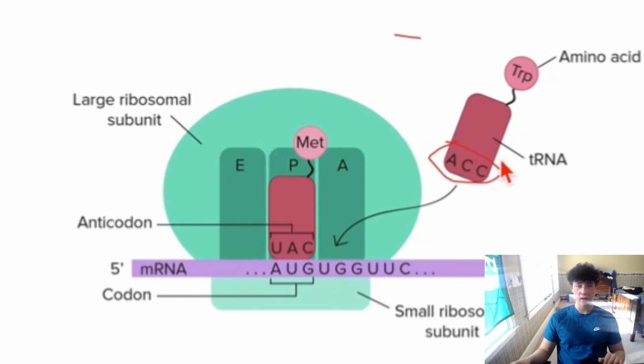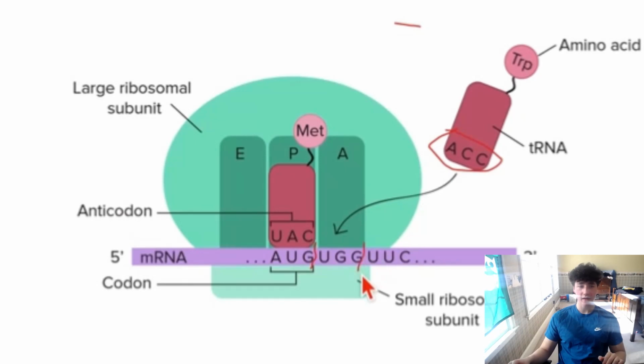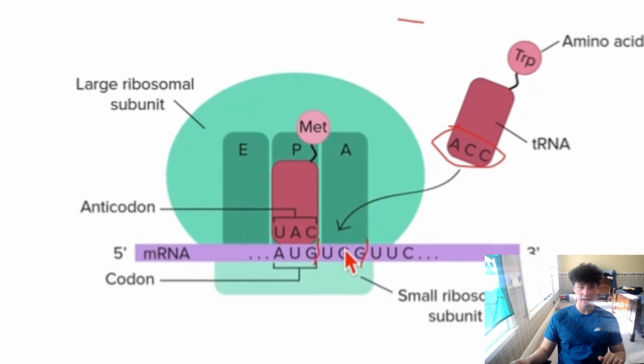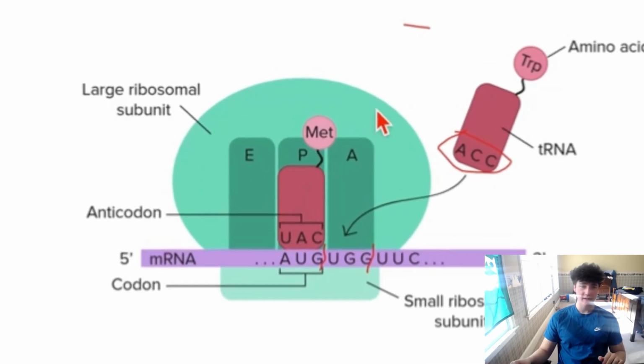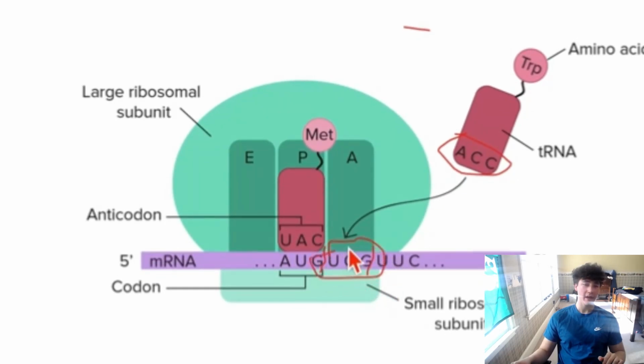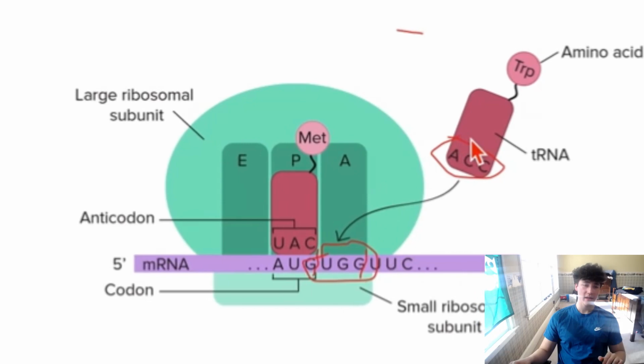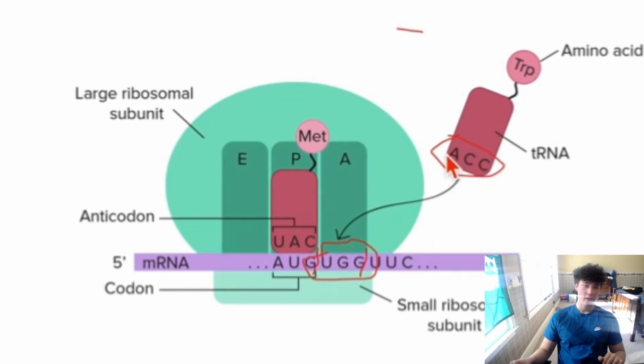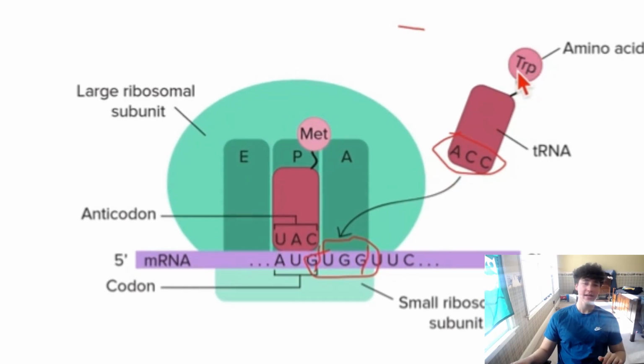All right, so the tRNA here is going to have this thing right here, which is called the anticodon. Now, the anticodon is going to have the opposite of what is listed in these codons right over here. The reason for this is so that it can bind in the right place and add its amino acid. In order to bind there, it just has to have the opposite.